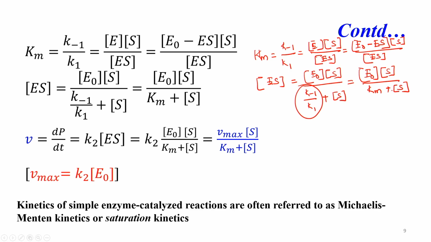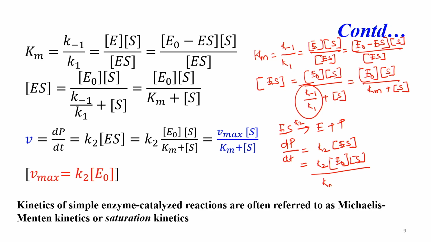Now, if you go to the second step, it says ES is converted to E plus P, the rate constant is K2. So, if you remember, d[P]/dt equals K2 into [ES]. So, if I put the value of ES here, it becomes K2 E naught S upon Km plus S. Now, this term K2 into E naught is known as Vmax.